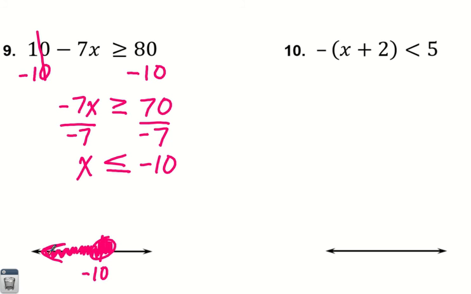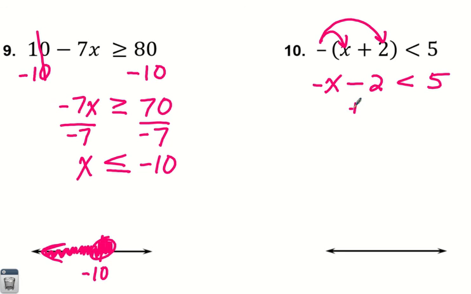And how do we clear bubbles? By distributing, technically. So I'm going to distribute this negative sign, or if you want to think of it as a -1, that's actually technically correct. So we distribute the -1, and it becomes -x minus 2. And of course we keep it less than, and that's all we've done.